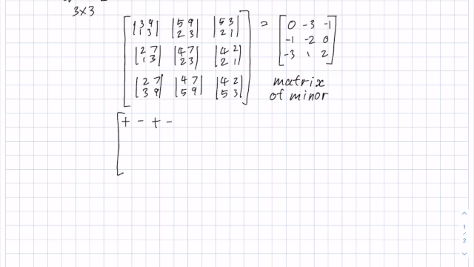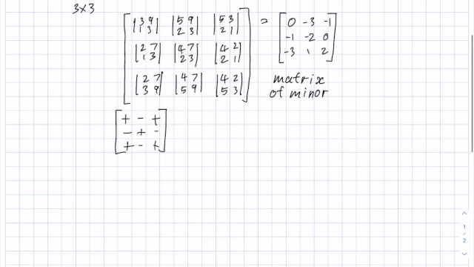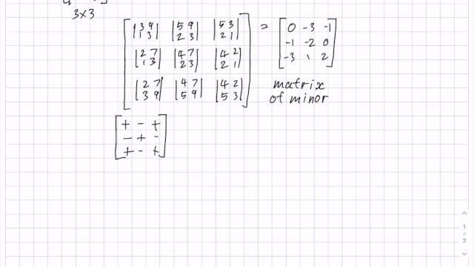In this case, since this is a 3 by 3 matrix, we need a 3 by 3 pattern. So I'm going to stop at this plus. You go minus, plus, minus, plus, minus, plus. So this would be our pattern of cofactors for the matrix of minors for the 3 by 3 matrix.